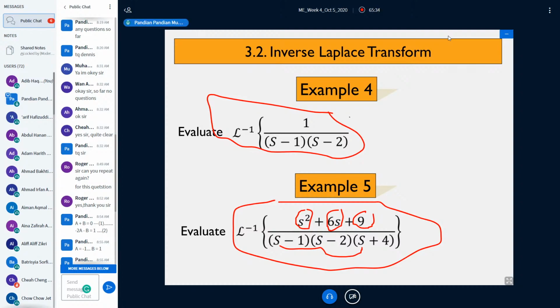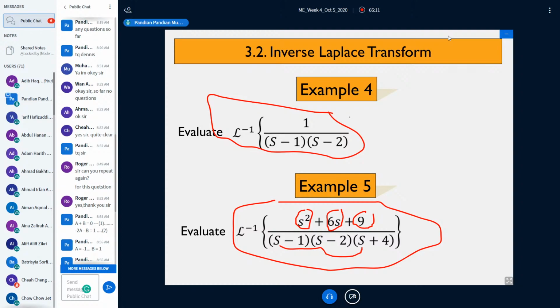Plus inverse Laplace of 1 over 30 times 1 over S plus 4. Your a is minus 4, so therefore e power minus 4t. You are using the formula from the table: e power at is the inverse Laplace of 1 over S minus a. If you put minus 4, you get S plus 4.